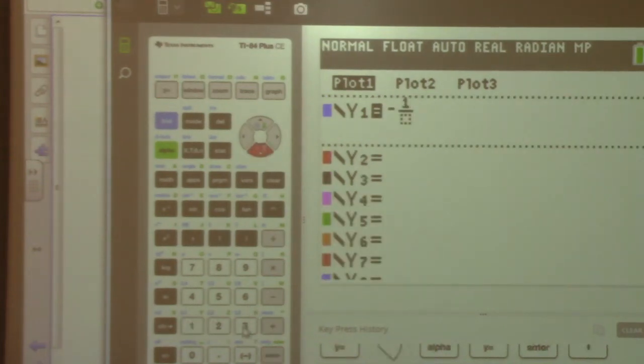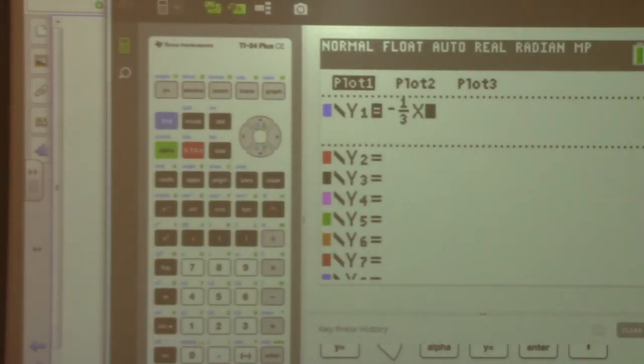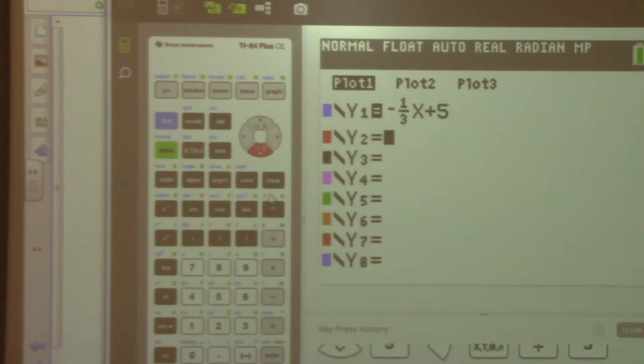Yeah, I think it's right. Let me see if I got it right here. It's negative 1/3 x plus 5, and then we'll do negative 3x plus 15.